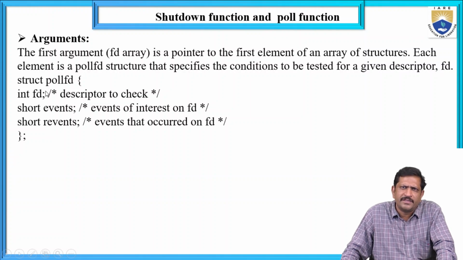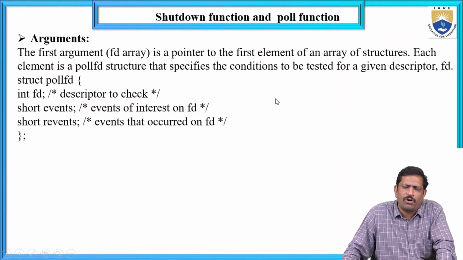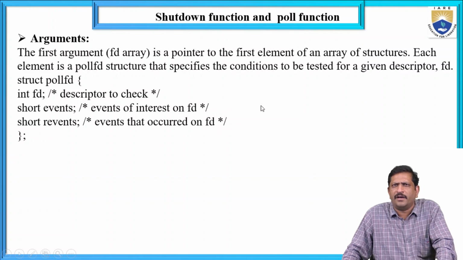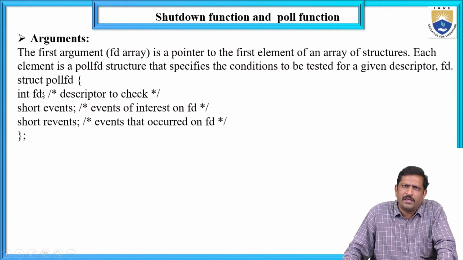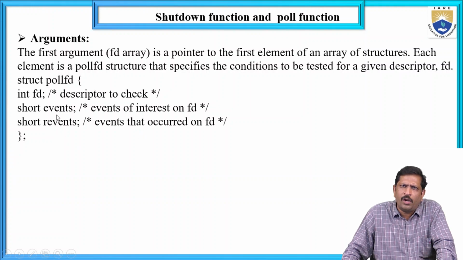So that is struct pollfd: int fd, the descriptor to check; short events, the events of interest on the file descriptor; short revents, the events that occurred on the file descriptor. So these are all the arguments, and this is the structure for pollfd.